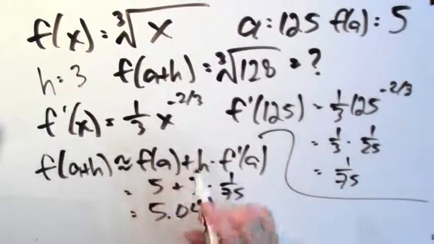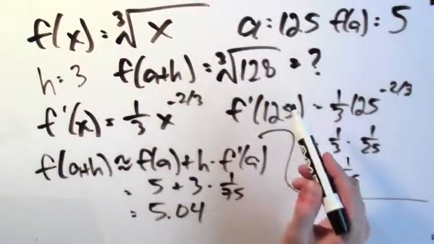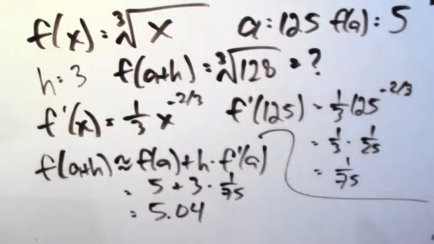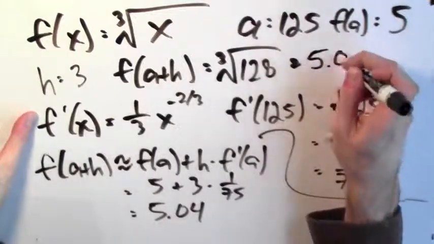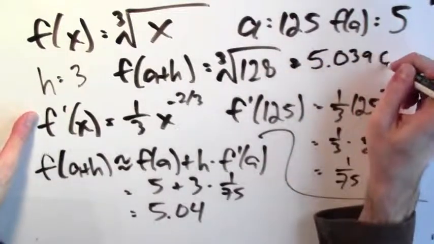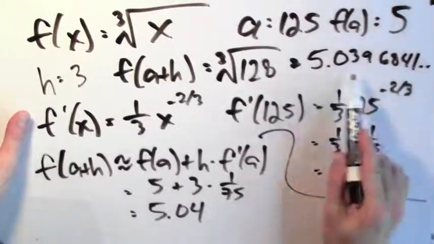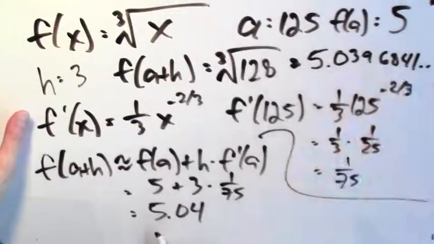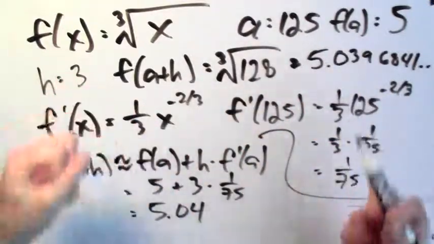Now, how close is that to the actual value of the cube root of 128? Well, it turns out that the cube root of 128 is actually about 5.039684, and it keeps on going, which is awfully close to 5.04. So our linear approximation game is working really quite well.